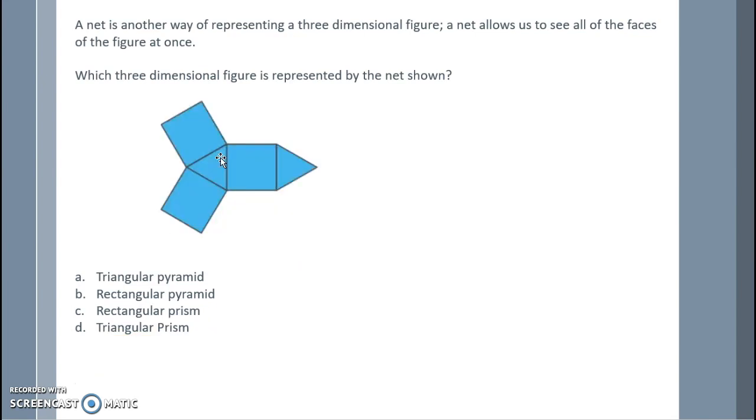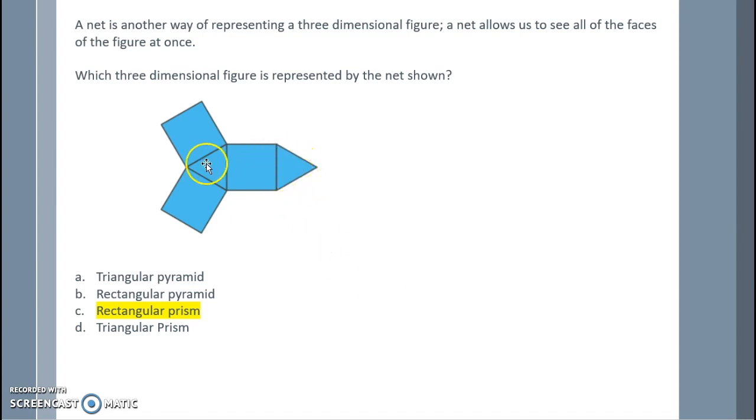Which three-dimensional figure is represented by the net shown? Is it a triangular pyramid, a rectangular pyramid, a rectangular prism, or a triangular prism? This is a rectangular prism.